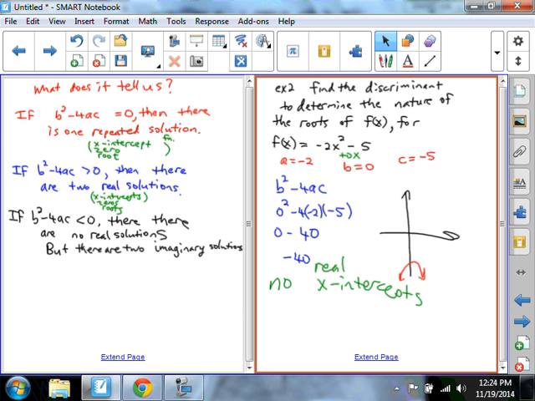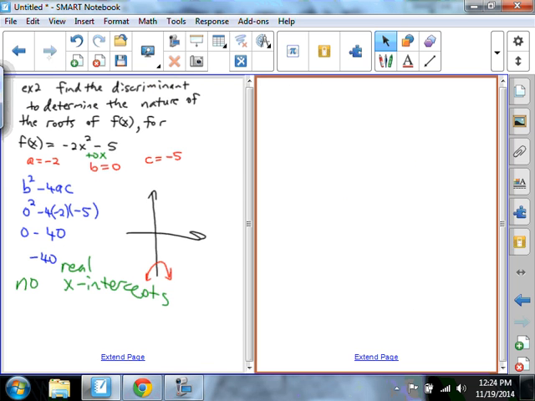Okay, let's try one more of these. If it were positive, there would be two real x-intercepts, and that would be it. And if it's 0, then there's 1. So let's try example 3.